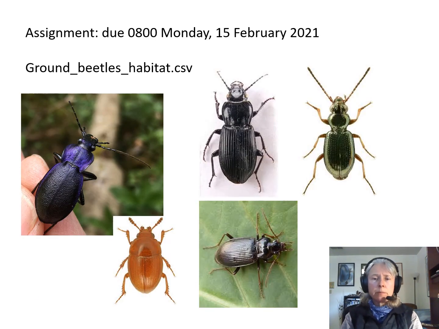For your assignment, you'll be doing some similar kinds of things and a few different things, asking and answering a few different kinds of questions using a different data set that comes in a different form, meaning a different arrangement. It's this ground beetles habitat .csv file, a data set of, as you can see, all of these beautiful beetles here.